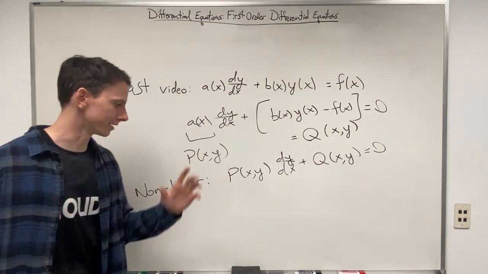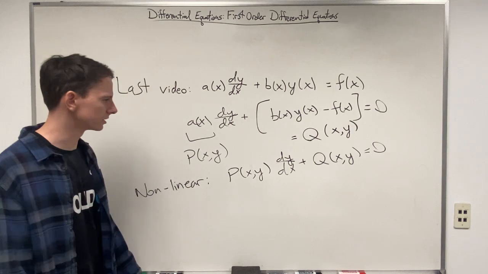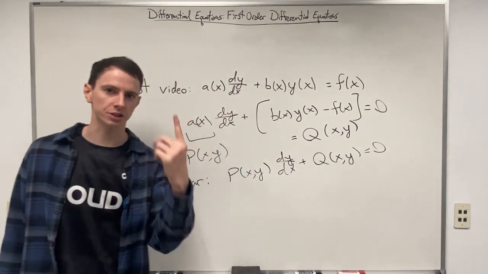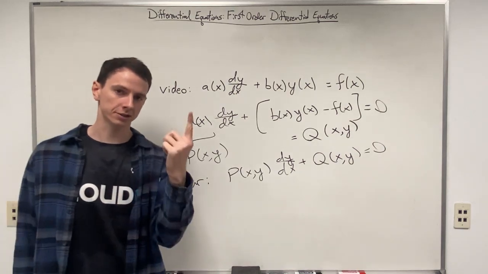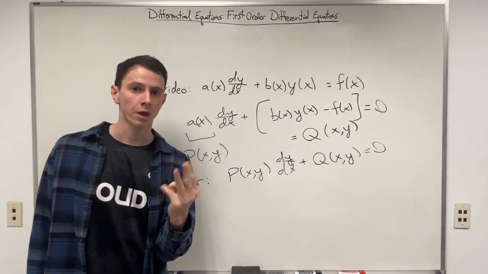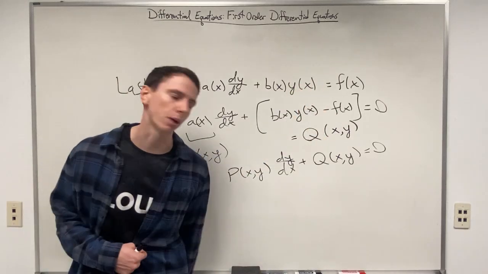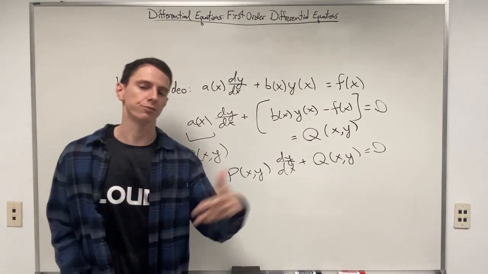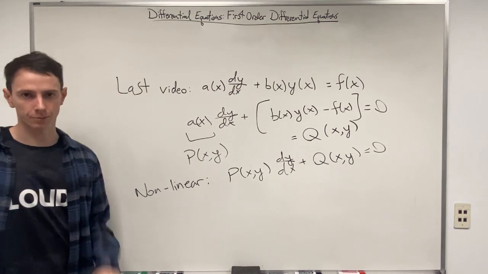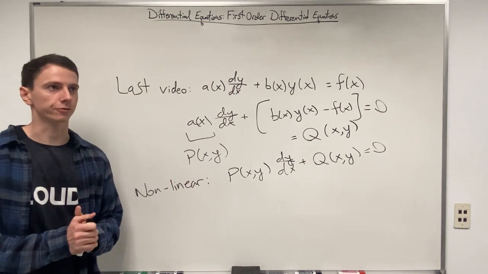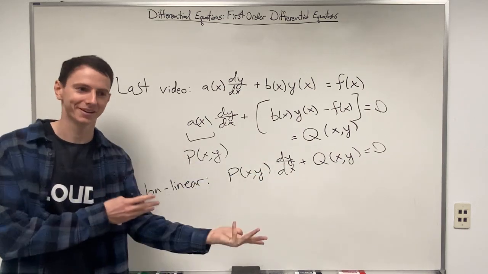The second reason, and the question that I already mentioned, is why are we saying that these coefficients only depend on x and y rather than x, y, and y prime? And also, how come dy dx isn't raised to some other power or sine of y prime or e to the y prime or anything like that? The answer to that is, first, well, you could.